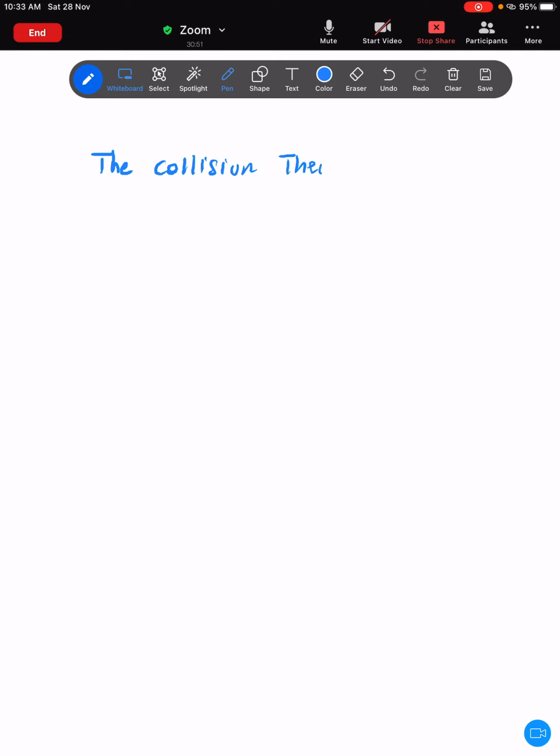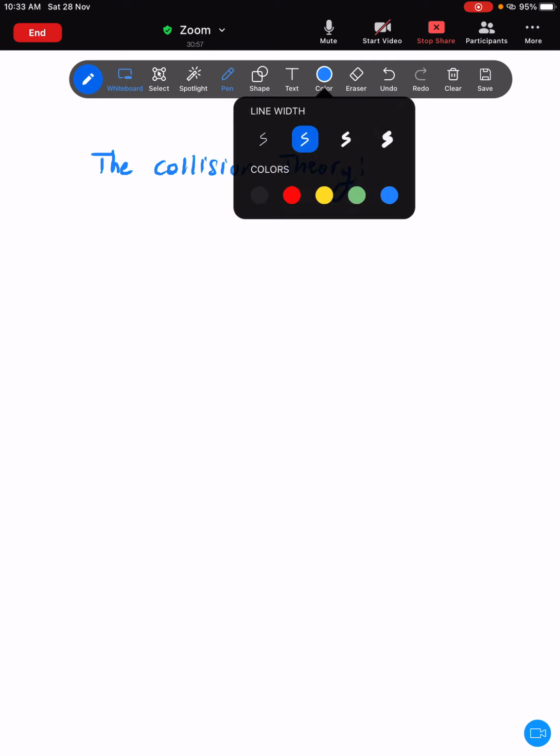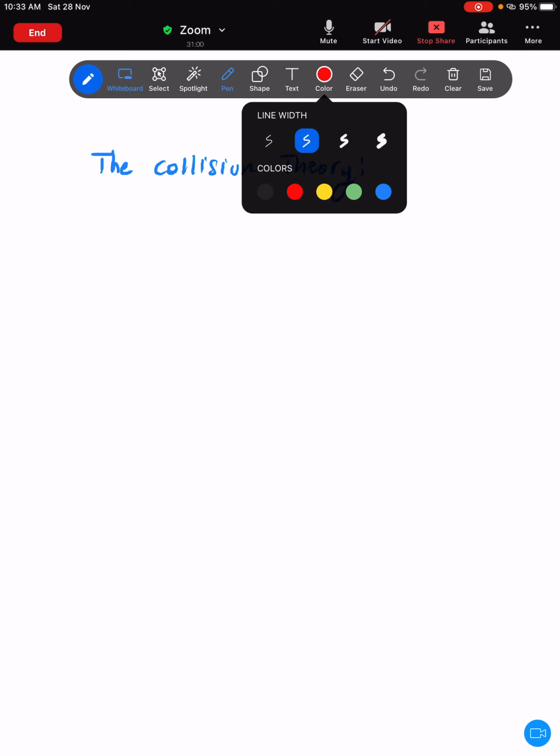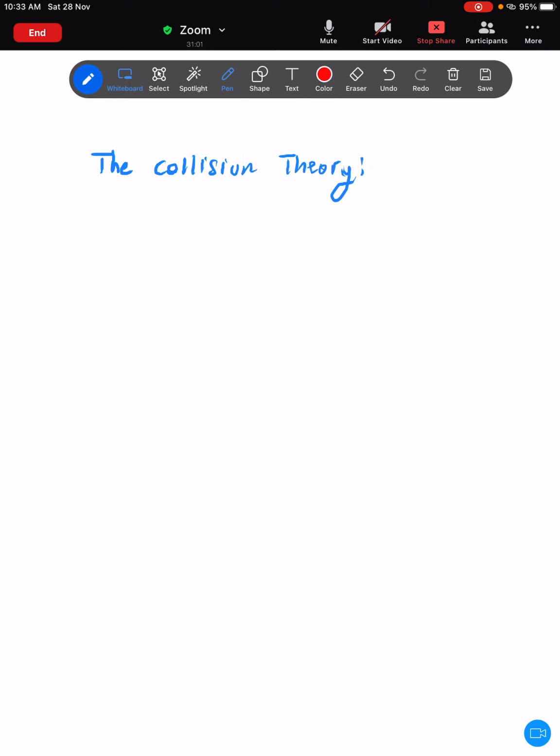Okay, guys, when we are talking about the collision theory, it's always interlinked with effective collision. When I say effective collision, what do you mean by effective collision? It is the collision that causes a reaction.